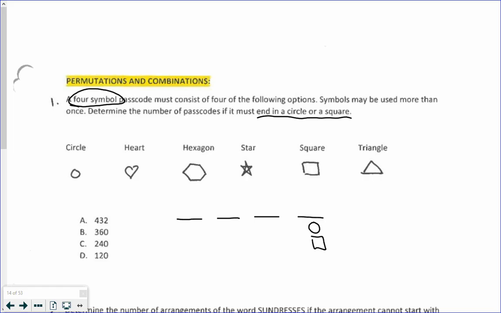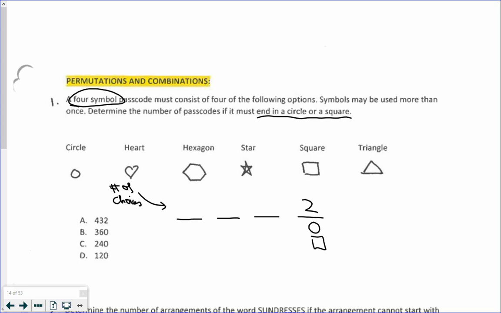Remember, the number you put in each blank is the number of choices you have for that space. So do the restrictions first. Anything that has a restriction on it, deal with that first. How many choices do you have if it has to end in a circle or a square? 2. Okay, so that's one of the blanks.